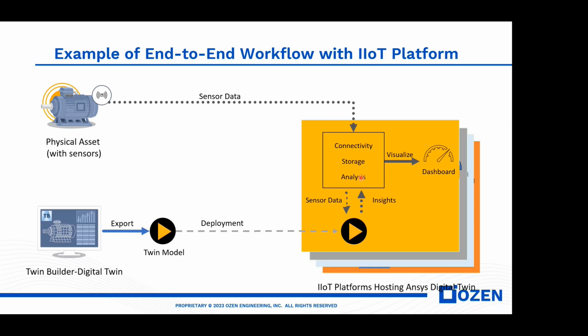The output data from the twin model is the temperature of the coil of the system. And now in this cloud system, you have both the sensor data, which is the current, and the output from the twin model, which is the temperature of the coil, which can then be visualized in a dashboard. That will help the engineers take the next logical step to improve the process.